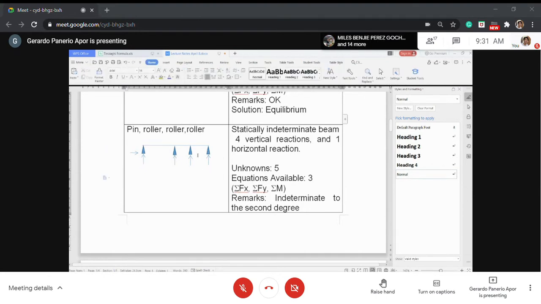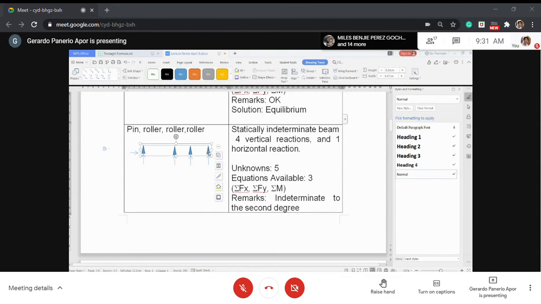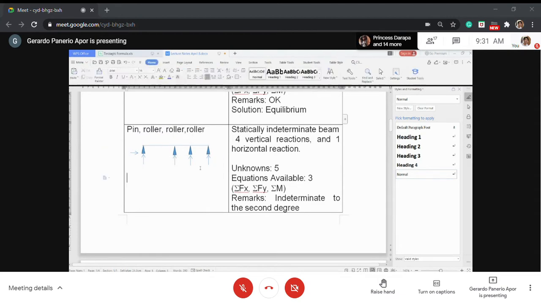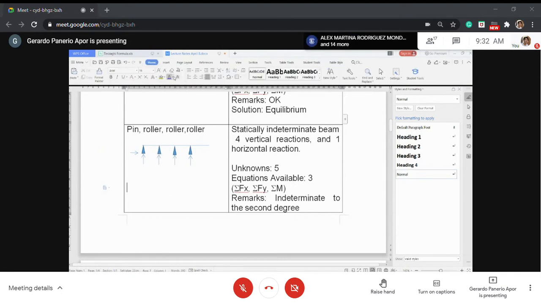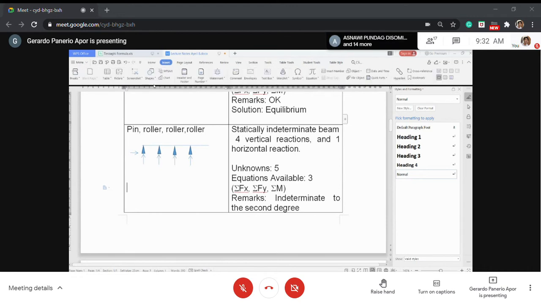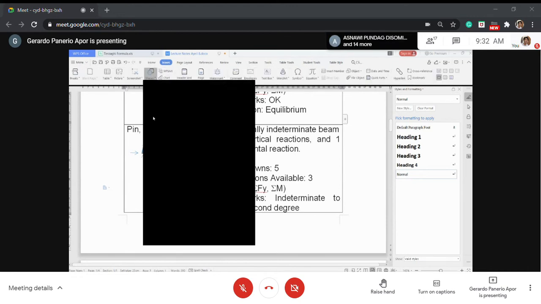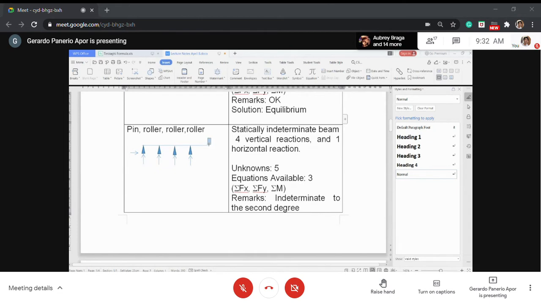The other one is a roller, and on the end, let us say it is a fix. Okay, that's a fix. So you have pin, roller, and then you still have a fix.